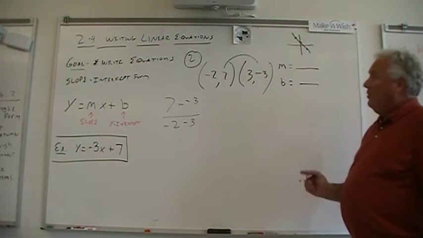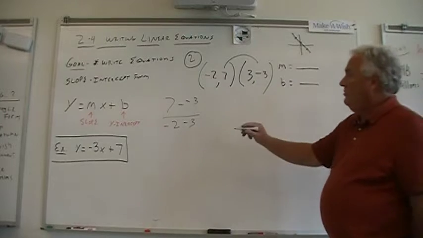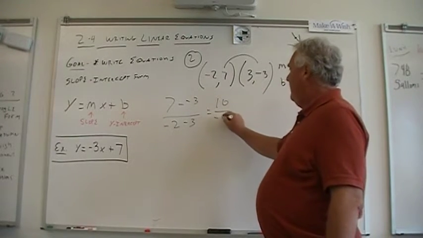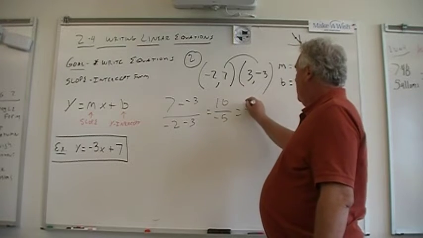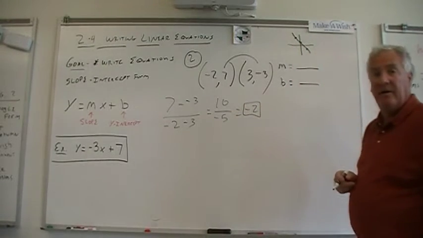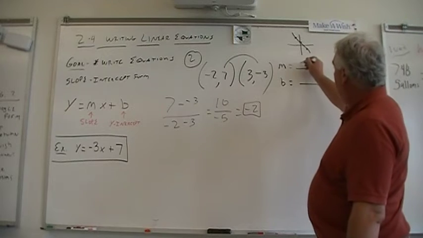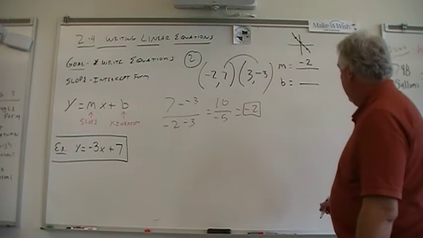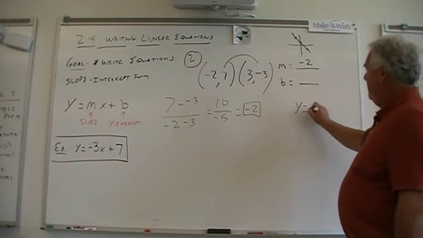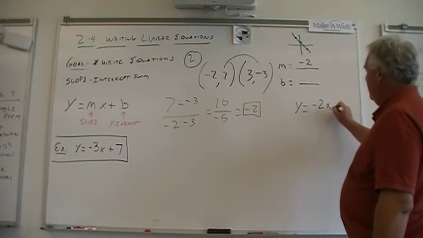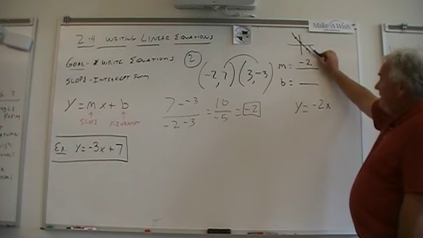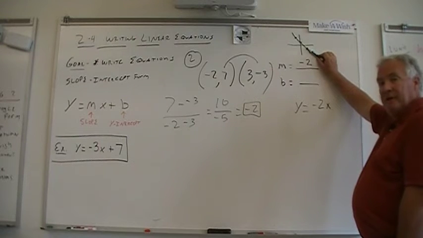Whatever way you figured out slope from 2 points, do that. 10 over negative 5. So our slope is negative 2. So our answer to this problem is going to be y equals negative 2x plus or minus something else. And that fits in with our quick graph. It's a negative slope.